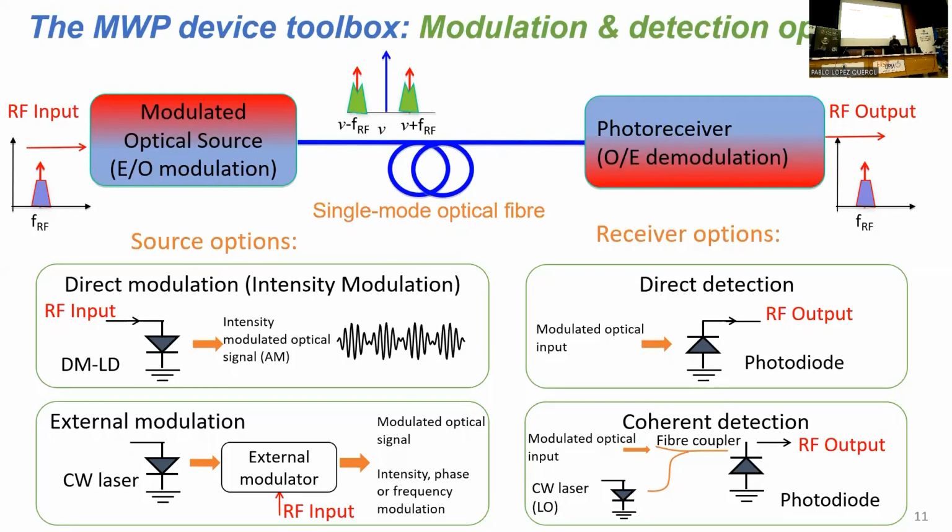And in detection, we use either direct or coherent detection. Right now, the most popular options are direct detection in the detection part, and external modulation in the transmitter. These are the most common solutions.